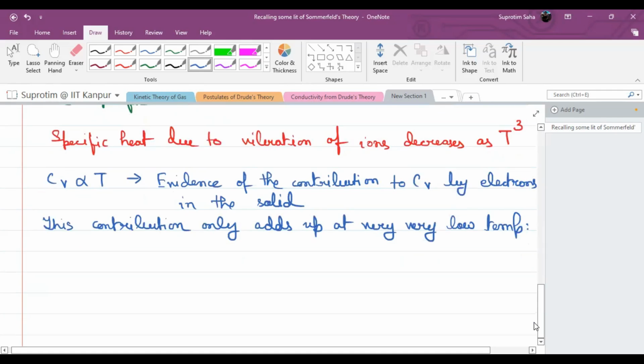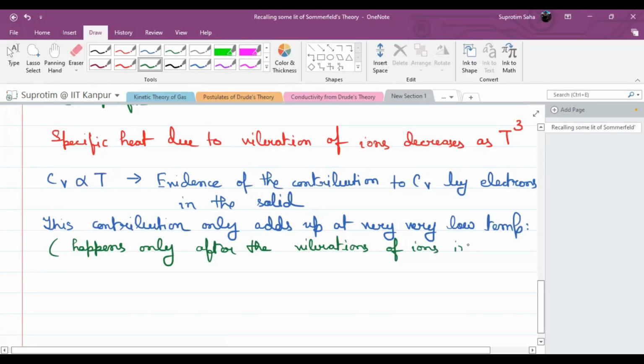And this happens only after the vibrations of ions inside the solid have almost ceased.